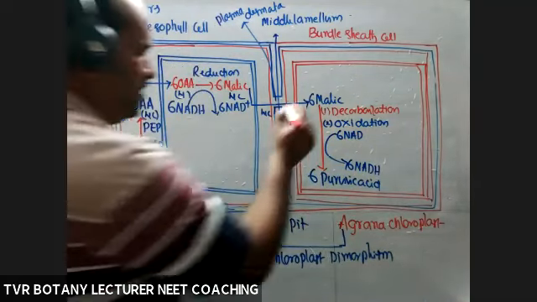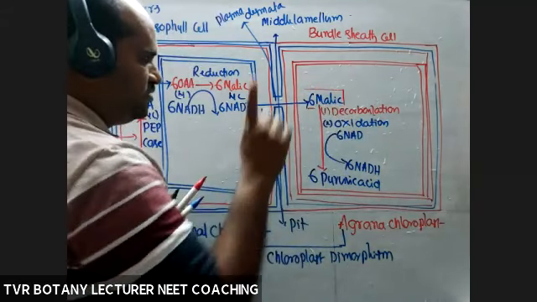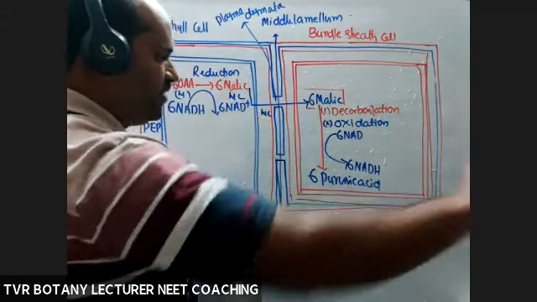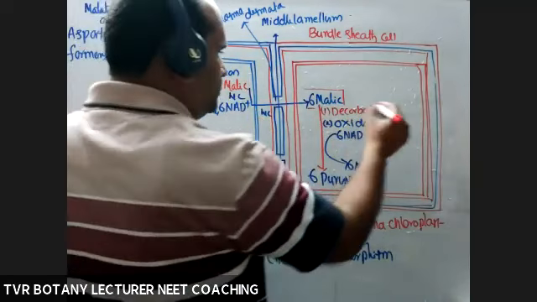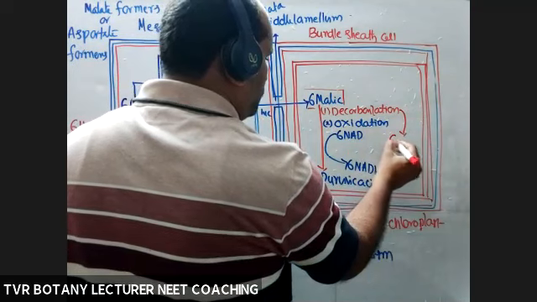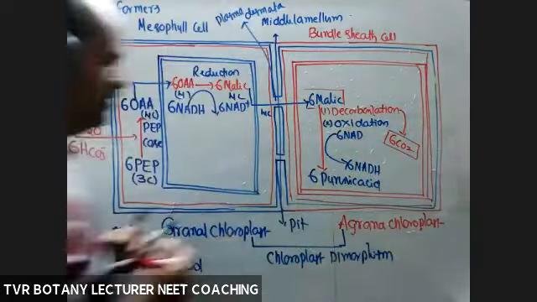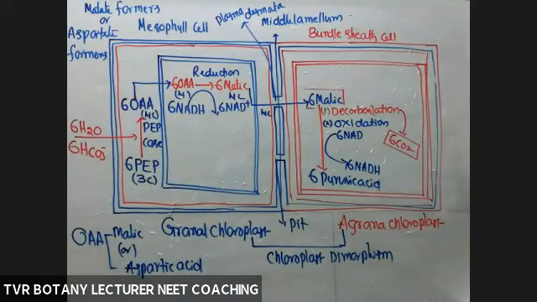Okay, so how many molecules of malic acid? 6 molecules. In each molecule, 1 carbon is decarboxylated, right? So because of decarboxylation, what about the CO2 available? 6 CO2 available. Here the enzyme required is malic enzyme that is concerned with decarboxylation and oxidation.